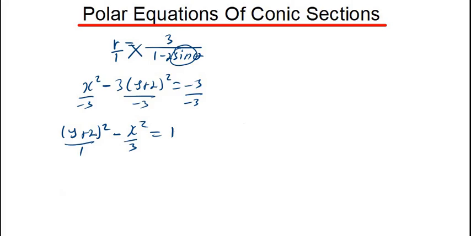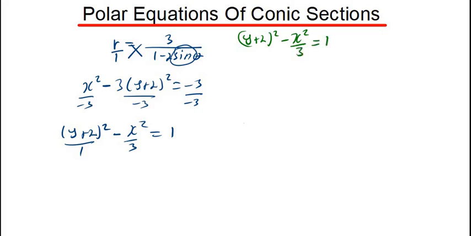That's the standard equation of the hyperbola, and if you have a y here, it simply tells you that it's oriented on the y-axis, and that's what we have. So having found the standard equation, which is y plus 2 squared minus x squared divided by 3 equals 1.